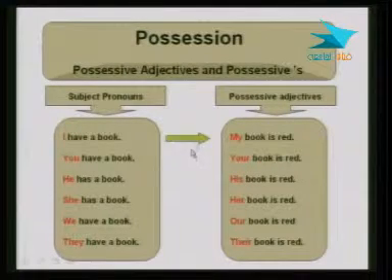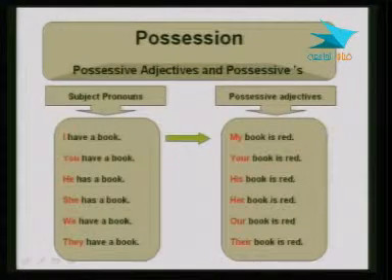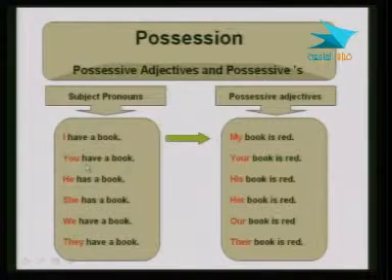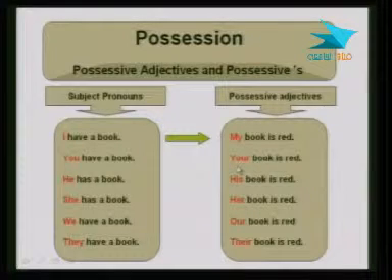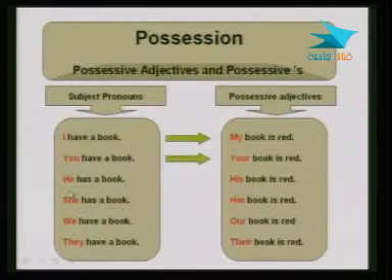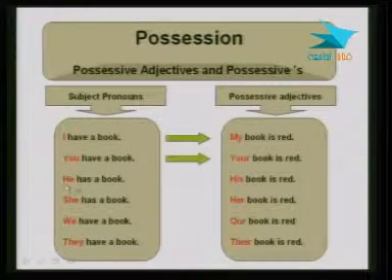So let's basically do this here. Notice, I have a book, my book is red. You have a book, well, it's your book. So we say your book is red. All right? And he, for a man, he has.